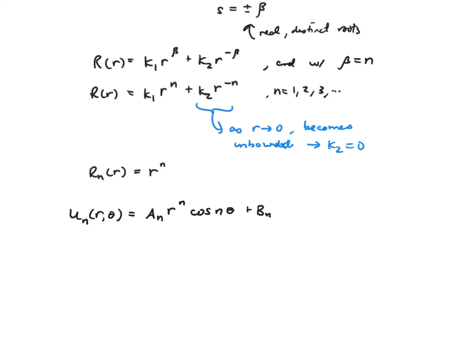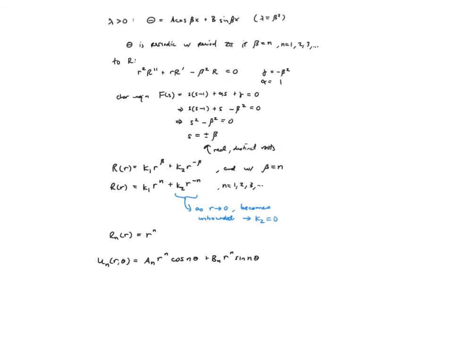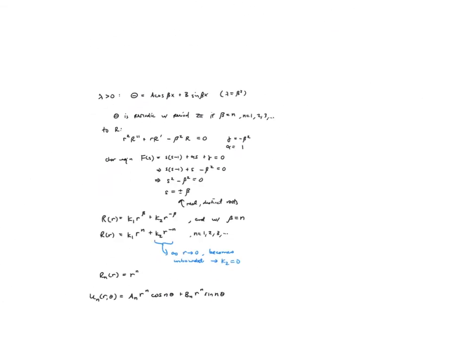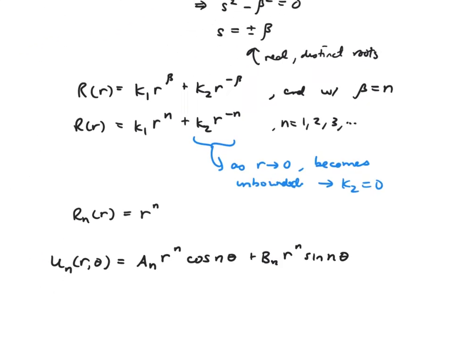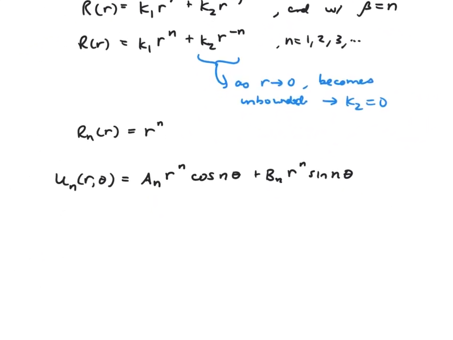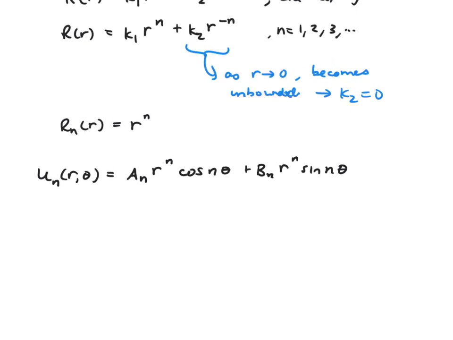And I have some bn r to the n sine n theta. Again, I've combined the theta form where I said beta is equal to n, and multiplied the r and the theta together, and I get this set of solutions, n equals 1, 2, all the way up.